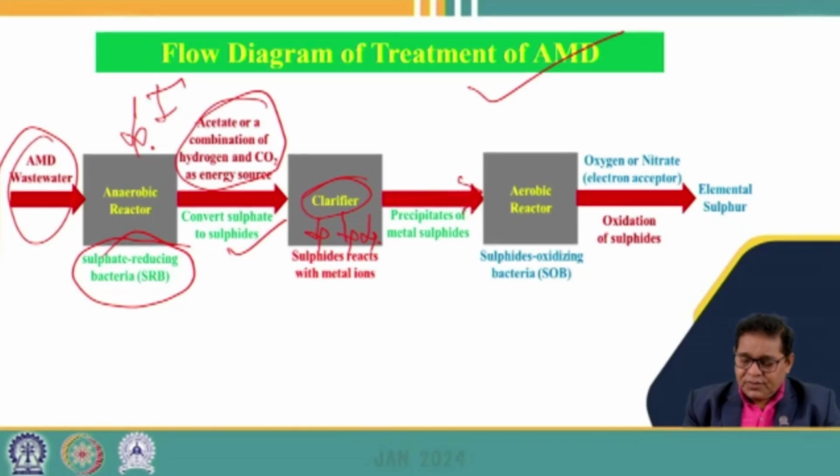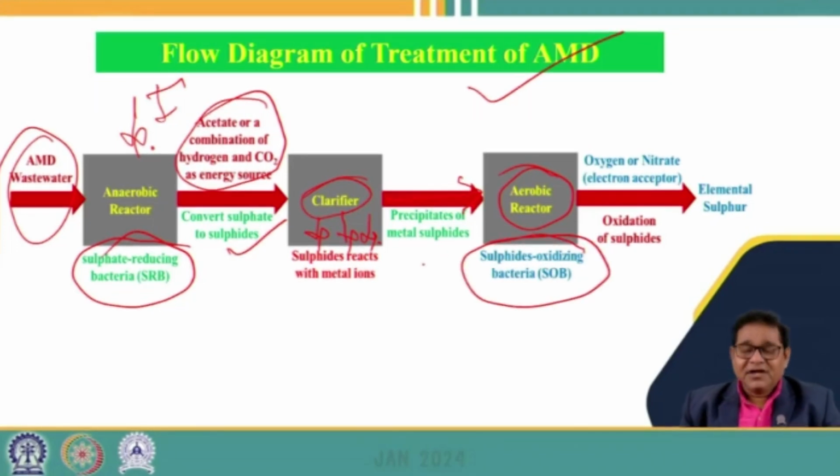The rest of the clarified water comes out from this clarifier, and then it is treated aerobically in an aerobic reactor where whatever remaining sulfide could not be precipitated in the previous process will be converted into elemental sulfur using sulfide oxidizing bacteria.